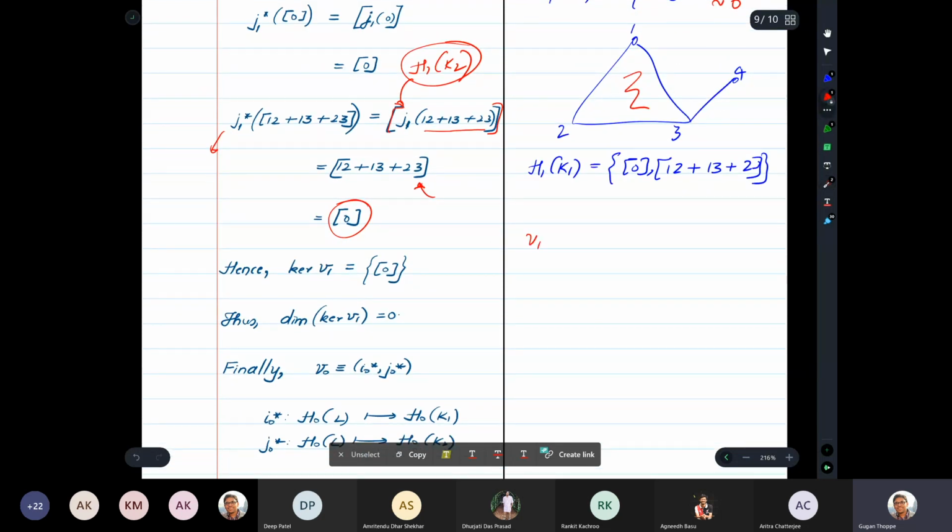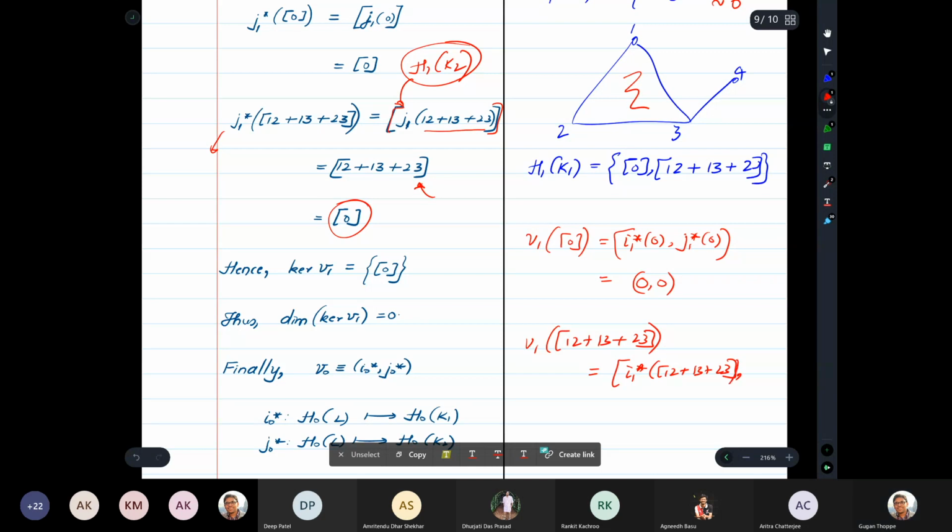Now we can look at nu 1. What does it do? Nu 1 on 0 is I1 star of 0, comma J1 star of 0, and this is (0, 0). Now what about nu 1 of [1,2]+[1,3]+[2,3]? This is I1 star of [1,2]+[1,3]+[2,3], comma J1 star of [1,2]+[1,3]+[2,3].